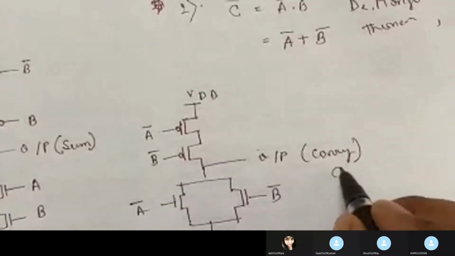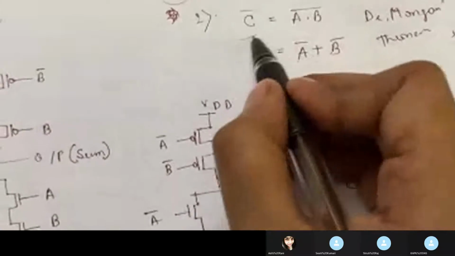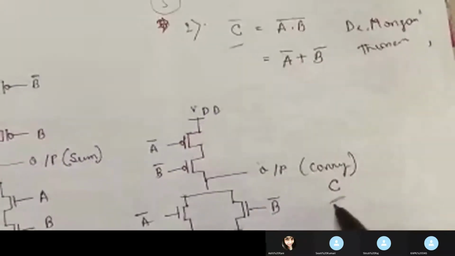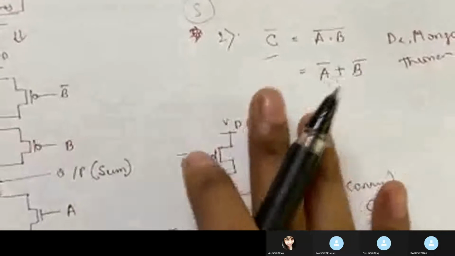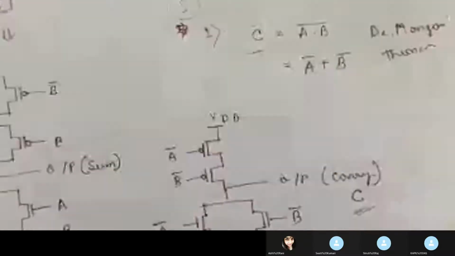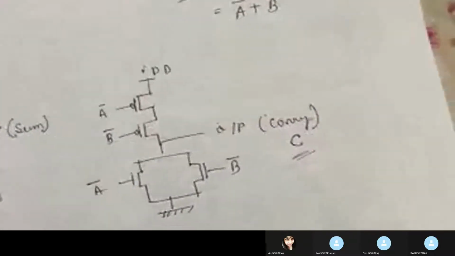Here, for the output you will get only C. In input you are giving C bar, for the output you are getting C. So this is the logic of complementing the Boolean expression, because in CMOS logic we will always get the complemented output. आप अगर input में C दे रहे हो, आपको output में C ही चाहिए, right?